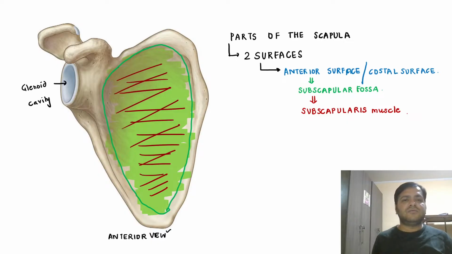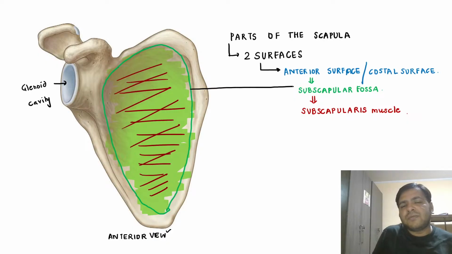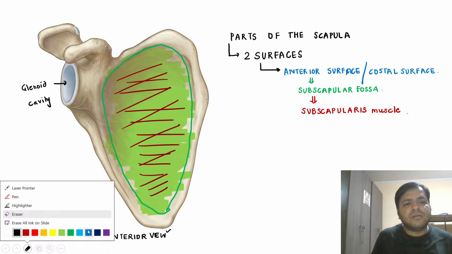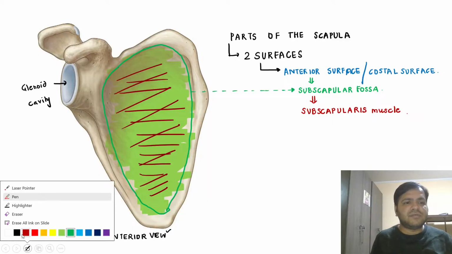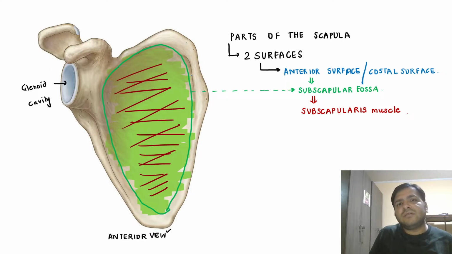So you should know this is the subscapular fossa, and this is the anterior surface, right?